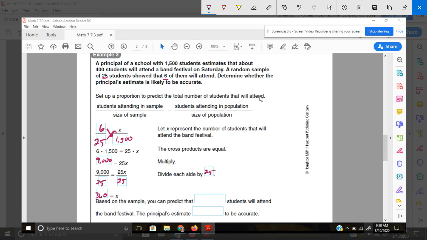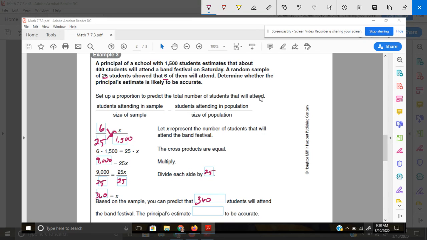So, based on the sample, we found 6 out of 25 students would attend. You can predict that 360 students will attend the band festival.